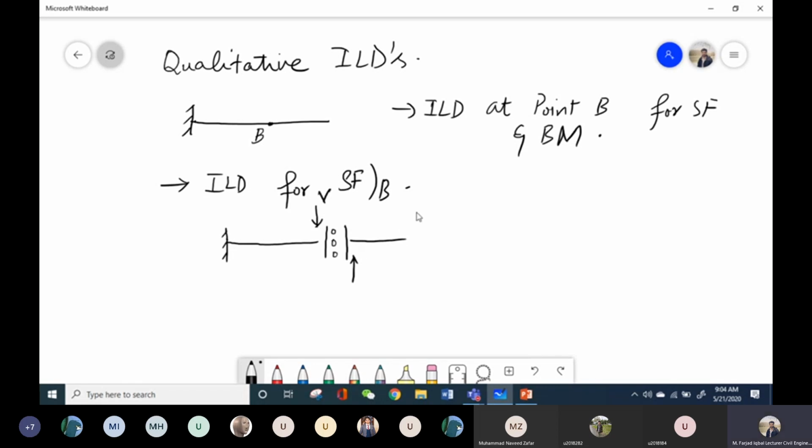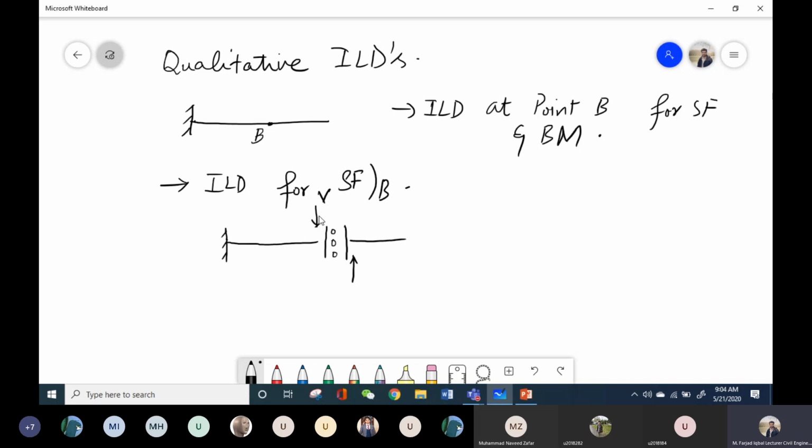As we have learned in the previous lectures, what were our steps to plot the ILD for shear force at any point in a beam? First, we divide the beam into two parts at the point for which we need to plot the ILD, and then we apply a roller guide at that point.